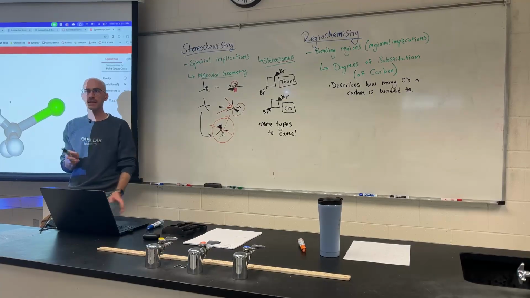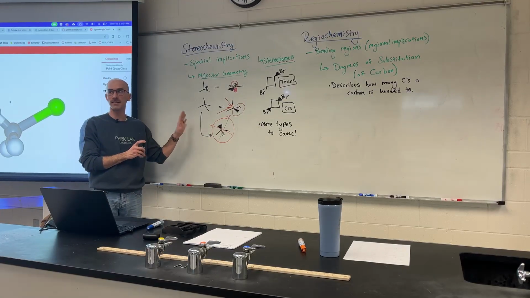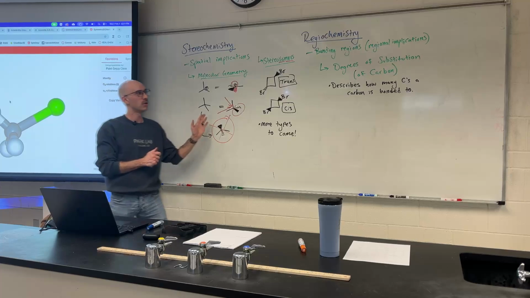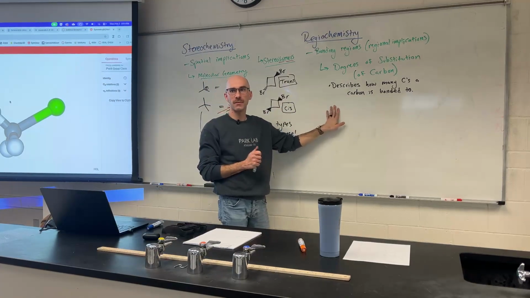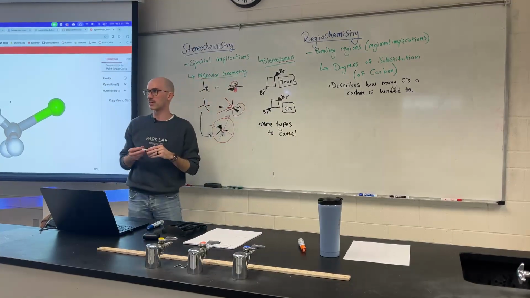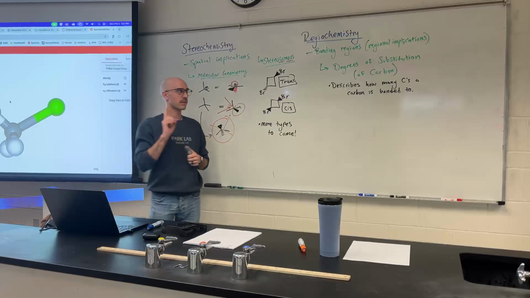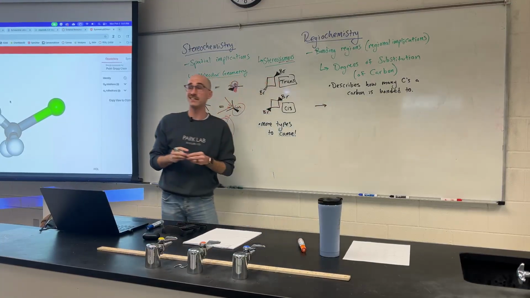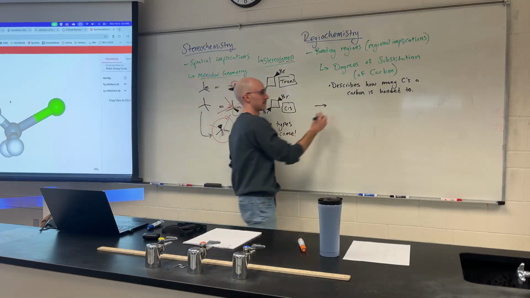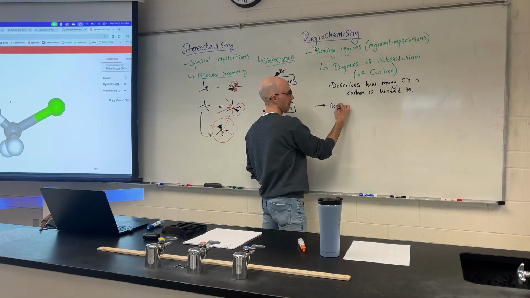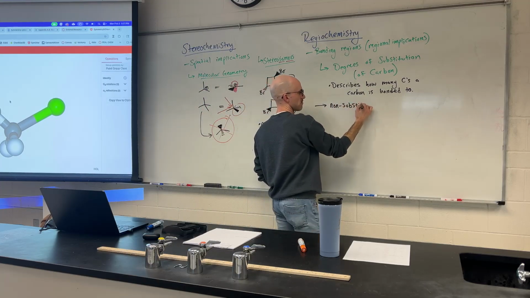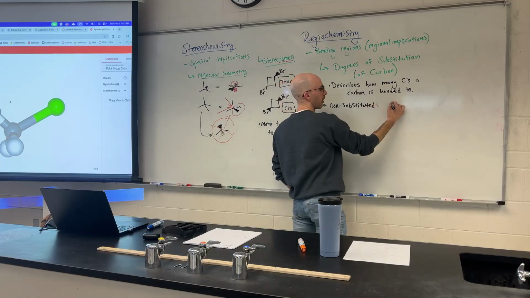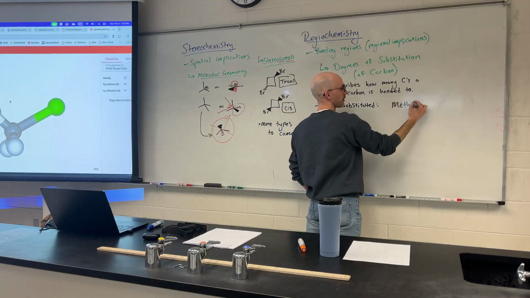So much like we can look at a carbon and describe its molecular geometry, we can look at a carbon and describe its degree of substitution. The first degree of substitution really is non-substituted. We call these methyl carbons.